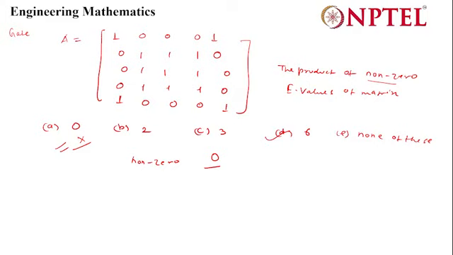Ma'am, the trace of the matrix will be the sum of the eigenvalues. And the number of eigenvalues which will be zero will be n minus one.